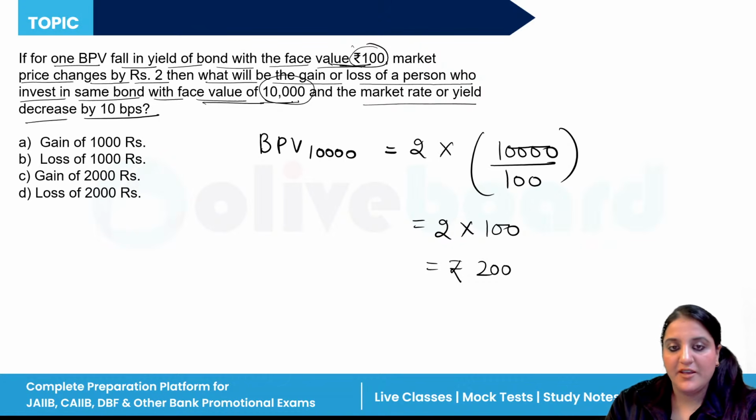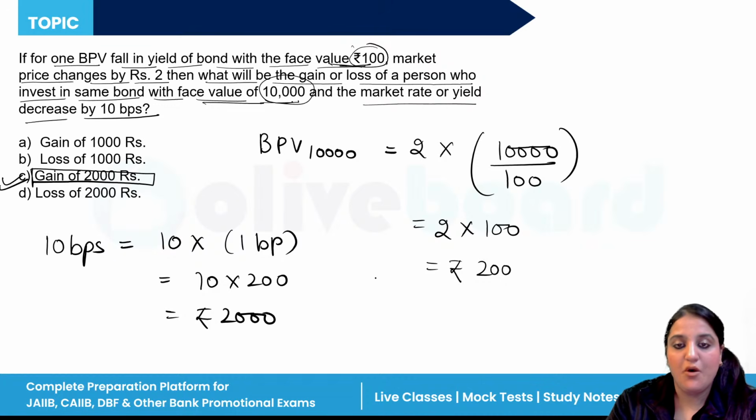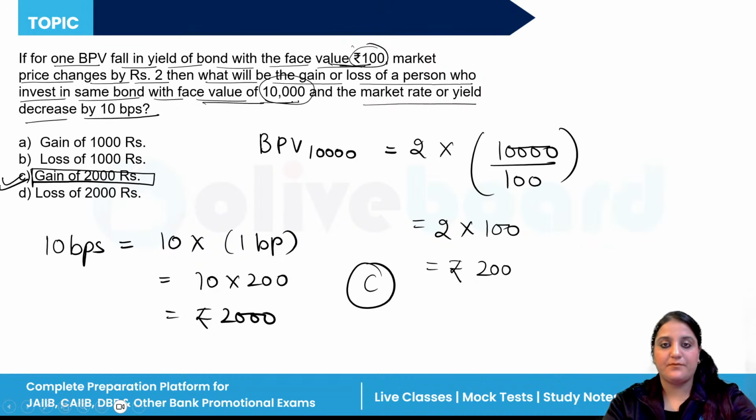So for 10 basis points, it is 10 multiplied by 200, which is equal to rupees 2,000, right? So the investor gains how much here? Investor gains rupees 2,000 here. So option C is correct. Easy.